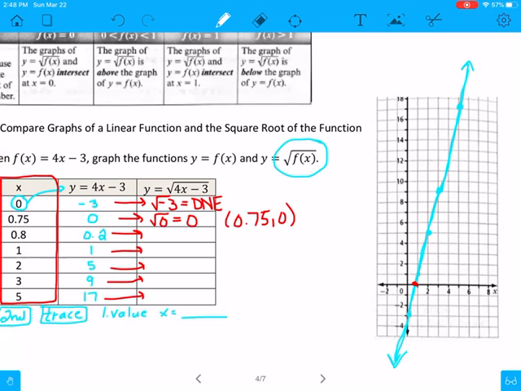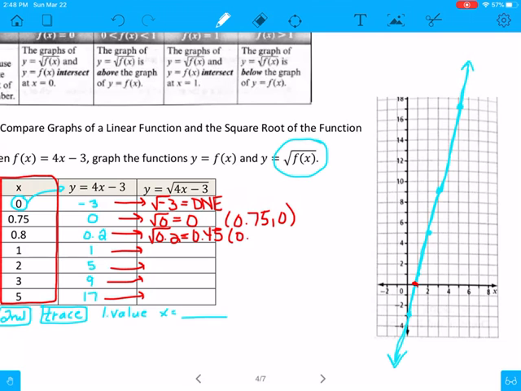And then I have to take the square root of 0.2 to get my new y value. The square root of 0.2 is 0.44. 0.45, I guess. Doesn't matter. It's not going to change how I'm going to graph it.